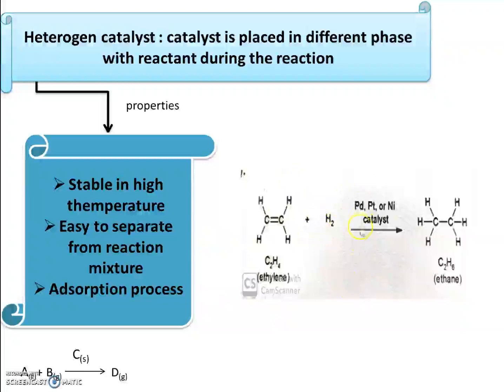For the catalyst here, we can use Pd, Pt, or Ni. These are transition metals, which are very good to be used as catalysts because they have multiple oxidation states, so they have the ability to lose one electron.